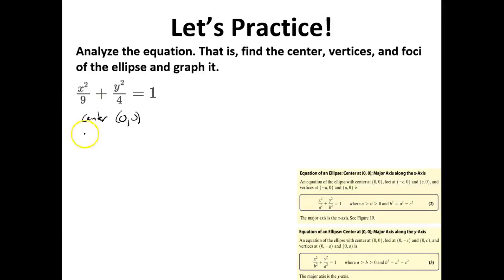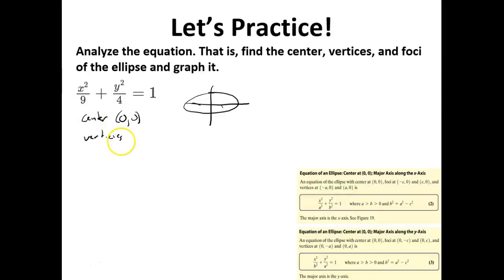Now the vertices are going to be along the x-axis in this case. So here the largest is underneath the x. So I know it's going to be elongated along the x-axis because this is largest. I don't know exactly what it's going to look like yet, but I know it's going to be elongated along there.